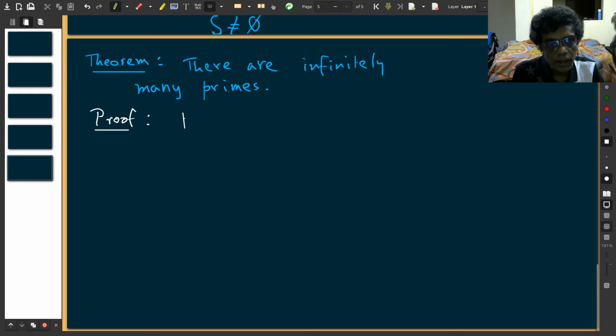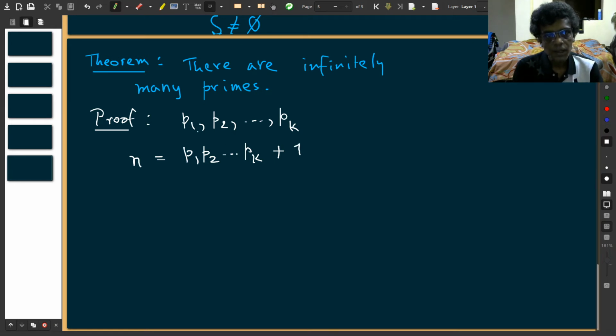Suppose that there are finitely many primes, P1, P2, up to Pk. Now I consider a number n, the product P1 P2 up to Pk of all this finite number of primes, and I just add 1 to it. Now you see that P1 does not divide this quantity. It gives a remainder of 1, P2 does not divide, P3 does not divide, and so on. Pk does not divide this quantity.